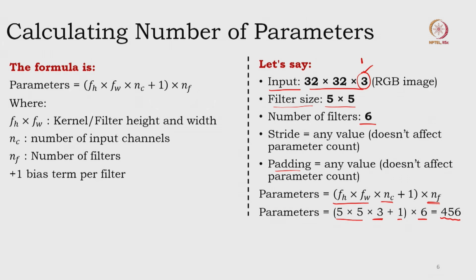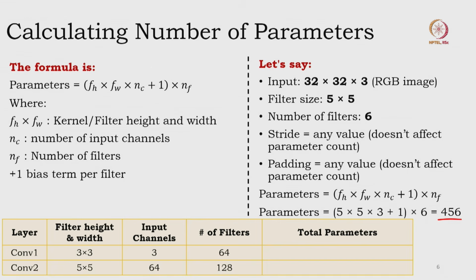What exactly are we learning? The values in this 5 cross 5 kernel. As I said in the previous session, this kernel or filter is a learnable parameter. The values you are going to use are not fixed values. Over a period of time, in the iterations, the values are going to get updated. How many such values? 456 parameters.